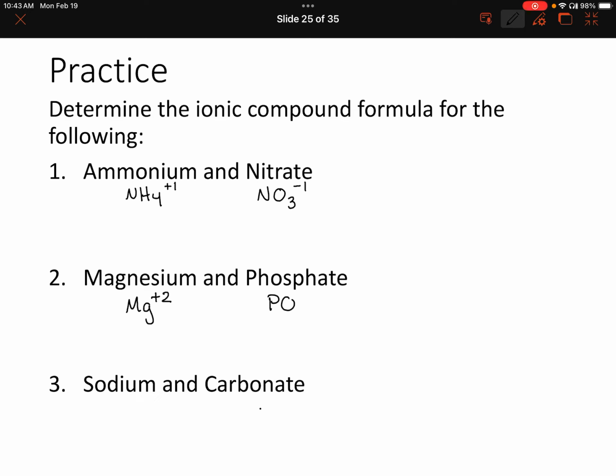So phosphate is PO4 minus 3. And then we already know that sodium has a plus 1 charge when it's an ion. And then carbonate is a polyatomic ion, and its formula is CO3, and its charge is minus 2. So see if you can match the charges together and write out the formula for each of these ionic compounds.